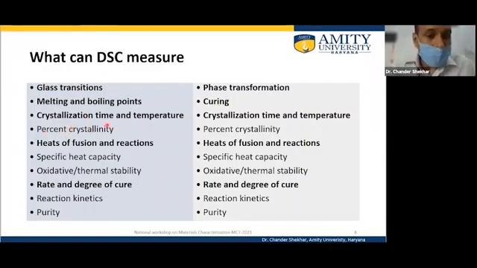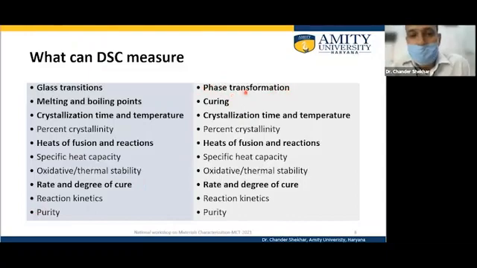We can calculate the percentage crystallinity in, say, polymers, heat of fusion and heat of reaction, specific heat capacity of the given sample, then curing in polymers, interlinking, reaction kinetics, and purity. That's very important. The purity of any compound, any alloy, any element can be looked at indirectly by using DSC.